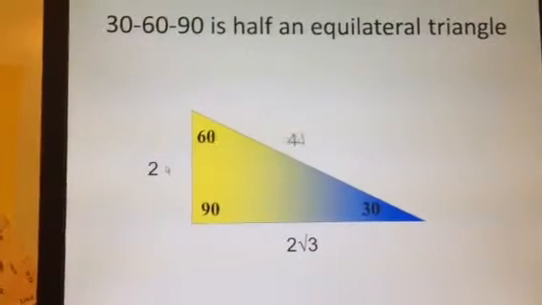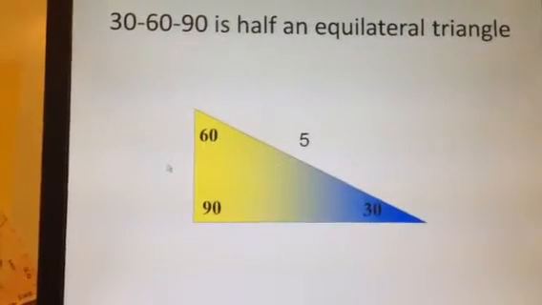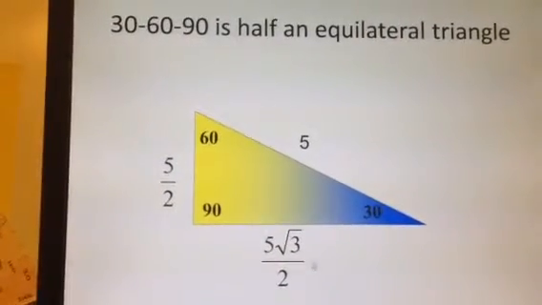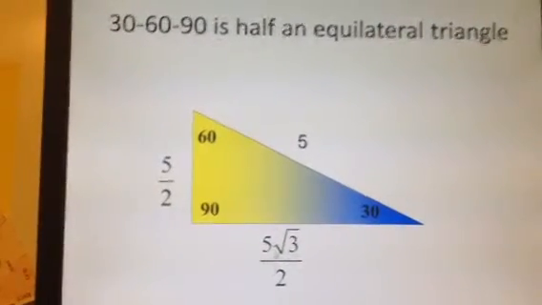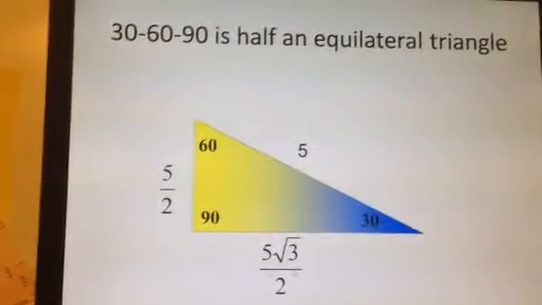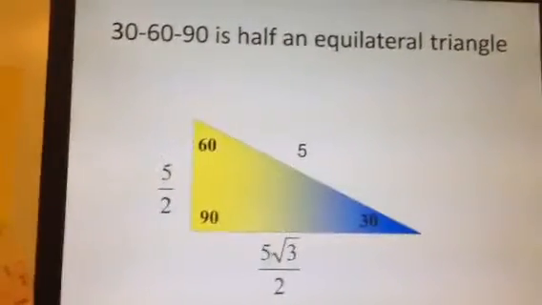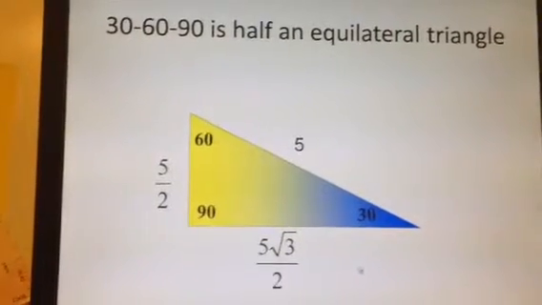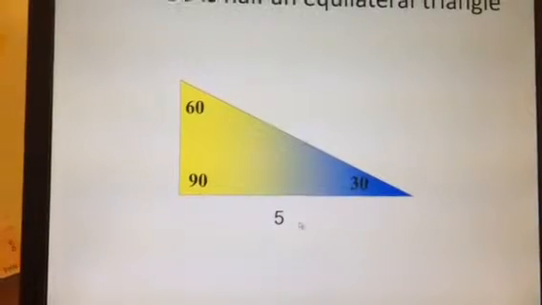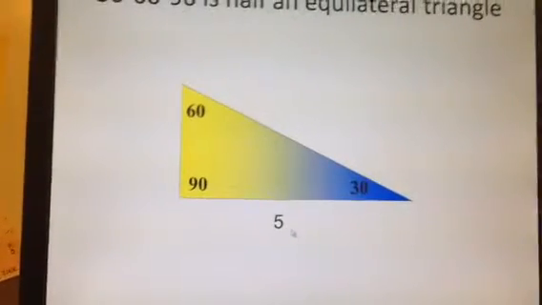So that's 2, and that's 4. This is 5. 5 halves. And then this is the way we typically write this. We put the radical in the numerator in the top and the denominator in the bottom.